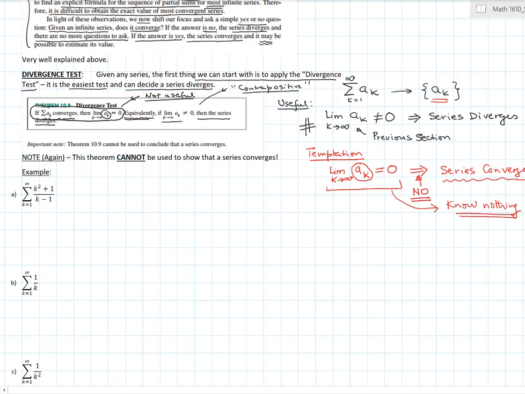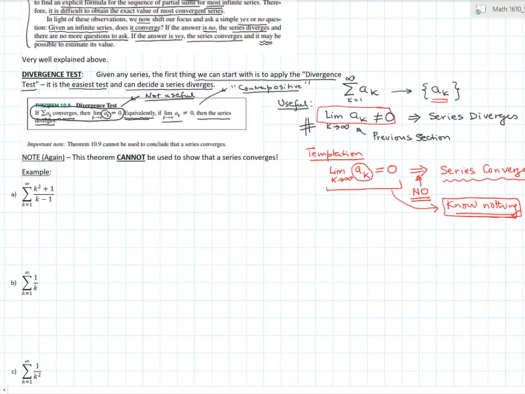We cannot say it diverges, because for divergence the limit should not be 0, and we cannot say it converges. So basically what that means is it's useless. This test did not tell you anything.